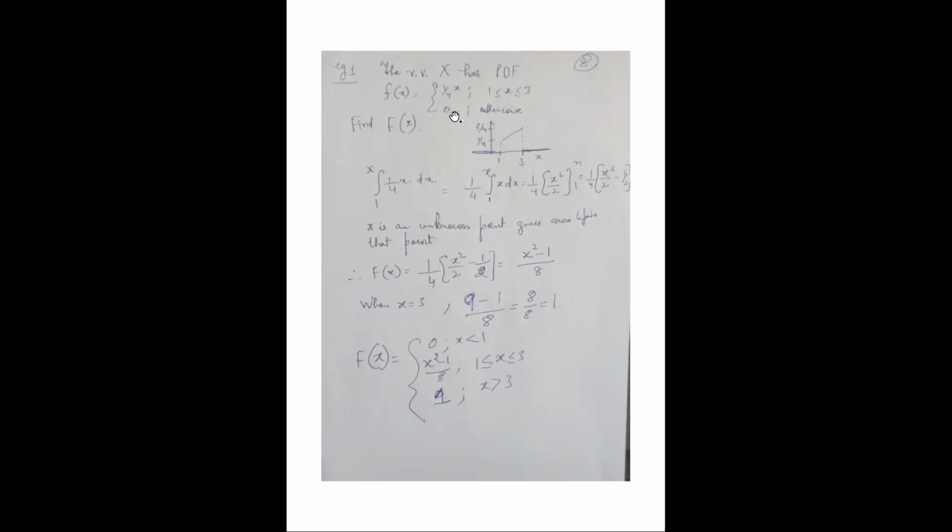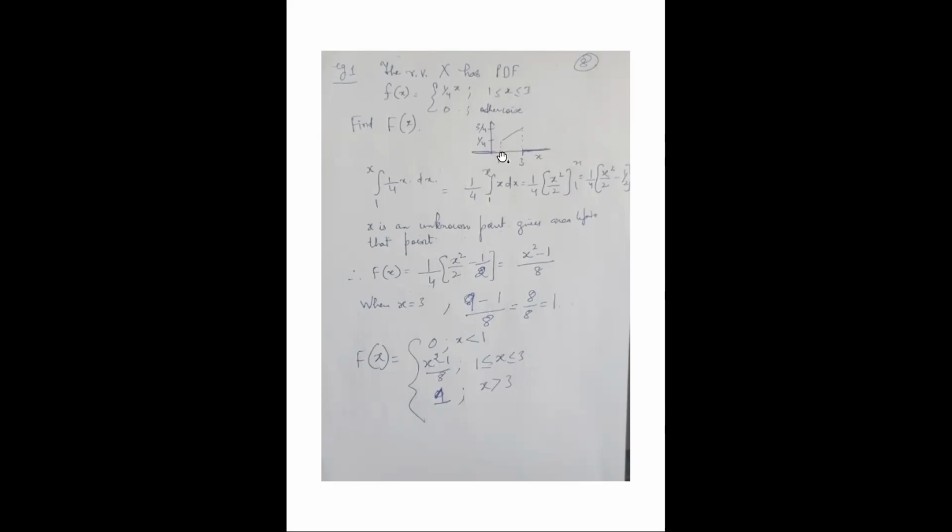So we need to find the area to the left of x. Let us try to draw the probability density function. x is the variable which goes from -infinity to infinity, but the density is 0 from -infinity to 1.